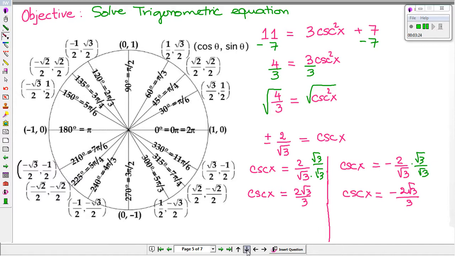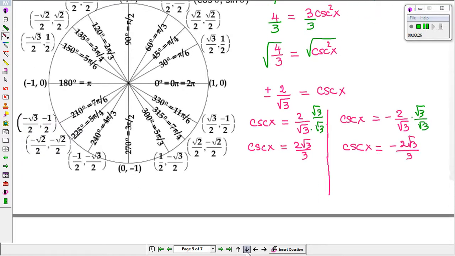Now let's review cosecant. We know that cosecant is the reciprocal of sine. So I'm using the reciprocal identity.